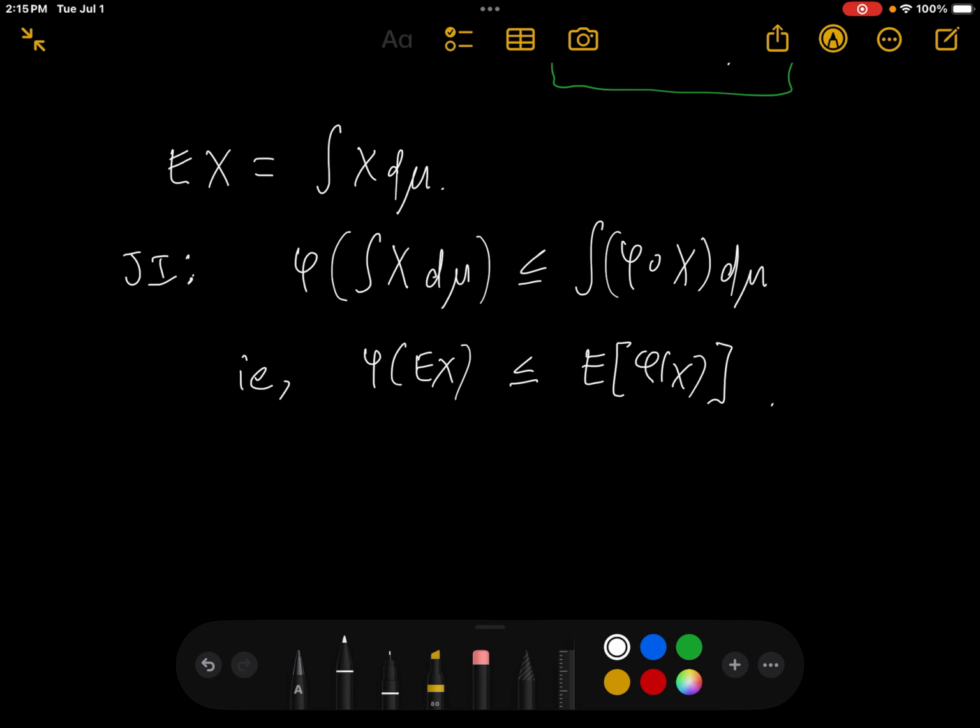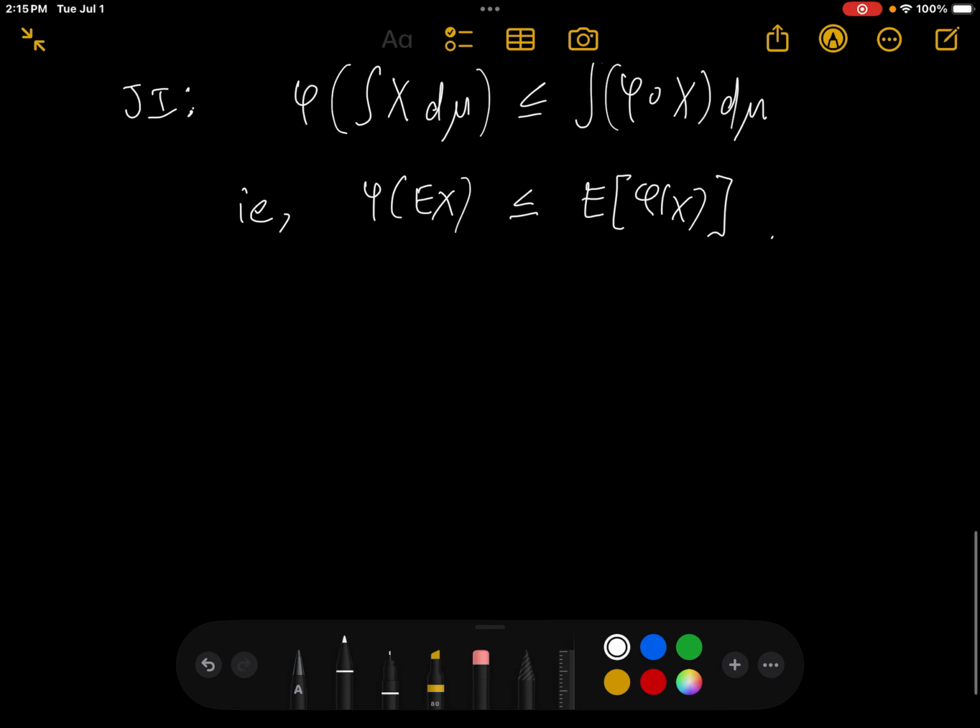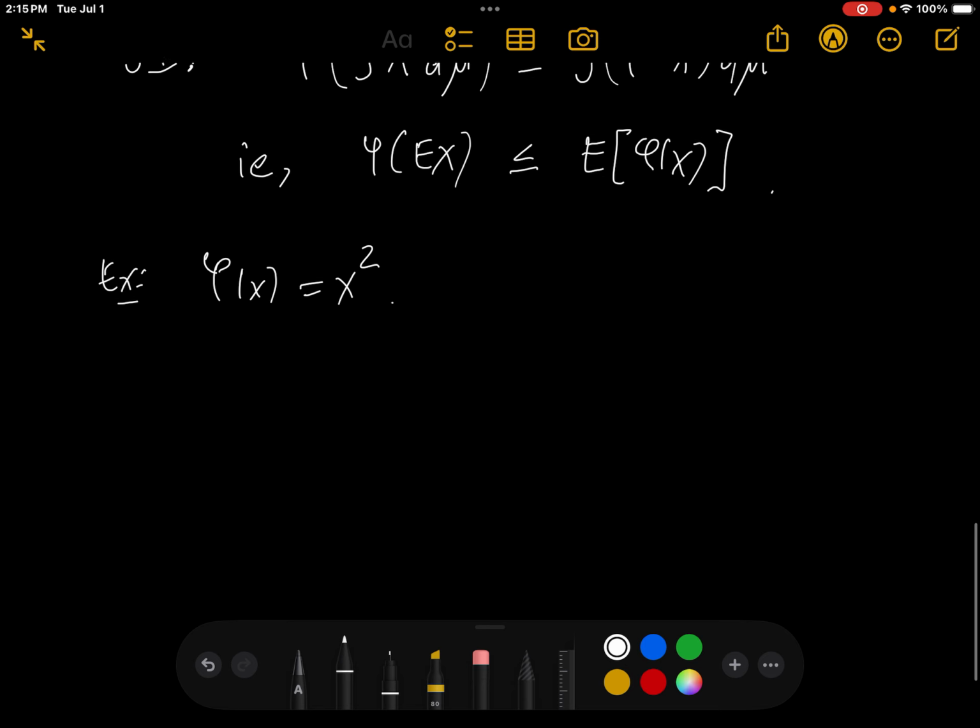So one kind of neat application of this, I mean, this is kind of a trivial application, but if you take phi to be x squared, so phi of x to be x squared, then what does the inequality say?